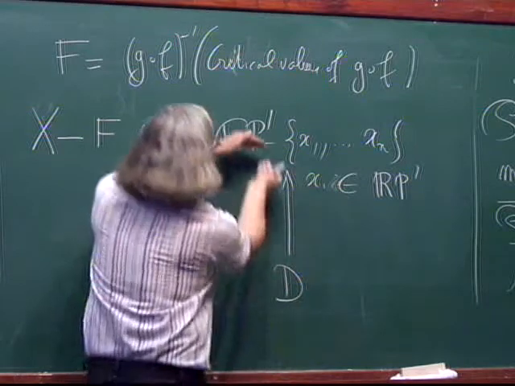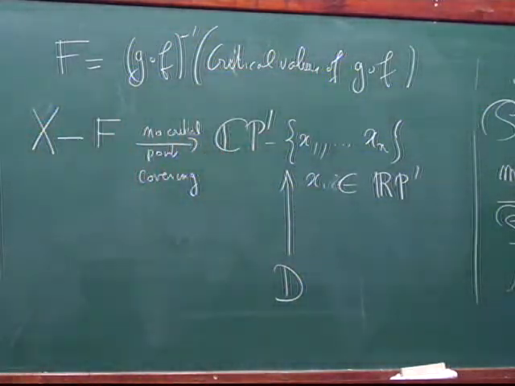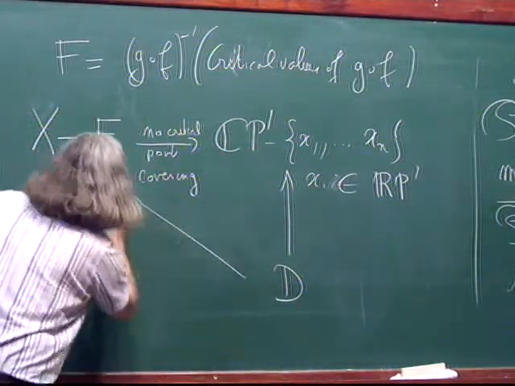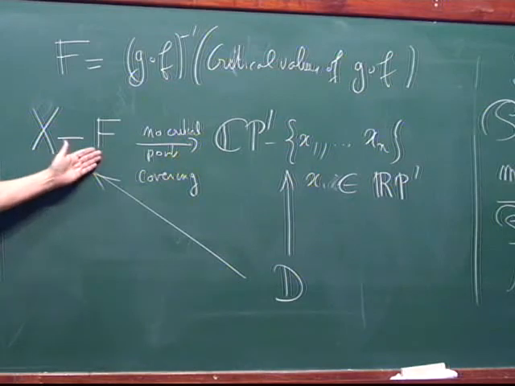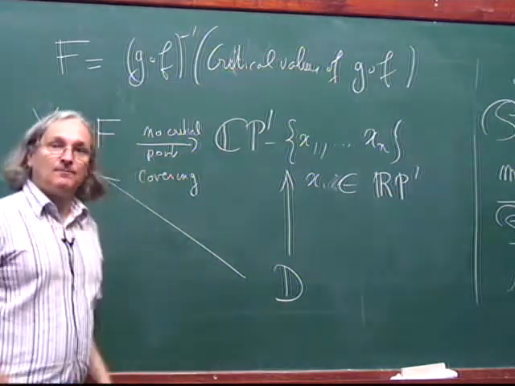The disk covers this, so you just take the pullback here. And you get a covering space of X minus F by the disk.